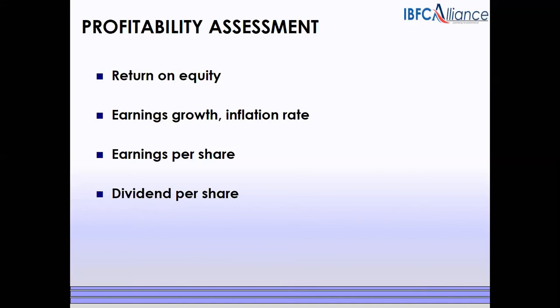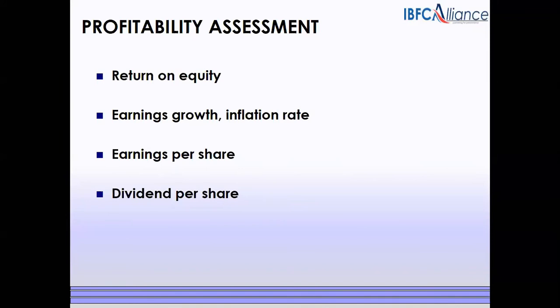Let me digress a bit, but it's an important digression. One of the things that people say about Nestle, one of the major companies on the stock exchange, is that they normally complain that the share price is too high. One of the reasons why the share price is high is because the earnings per share, and usually the dividend per share, is also very high.